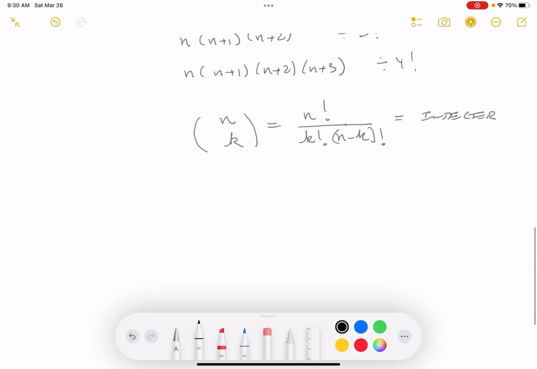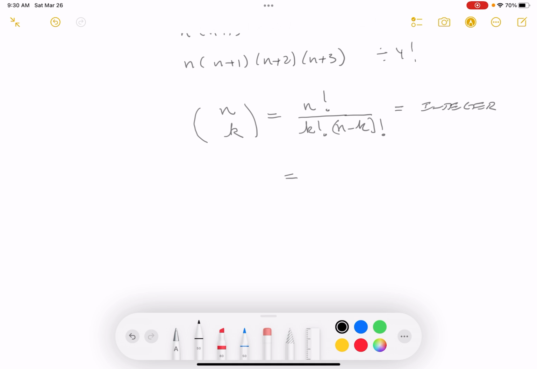All right? So what I want to do is just see what this looks like. N, n minus 1, n minus 2, yada, yada, yada. Let's put the bottom down first so we know exactly what goes there. So it's going to be k factorial, and then n minus k factorial here.